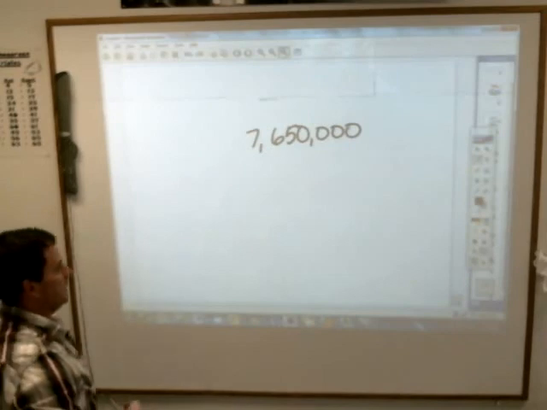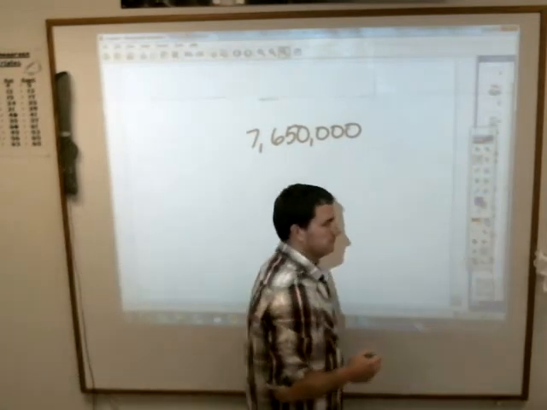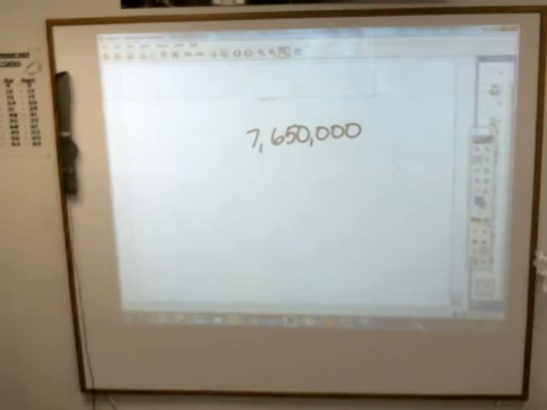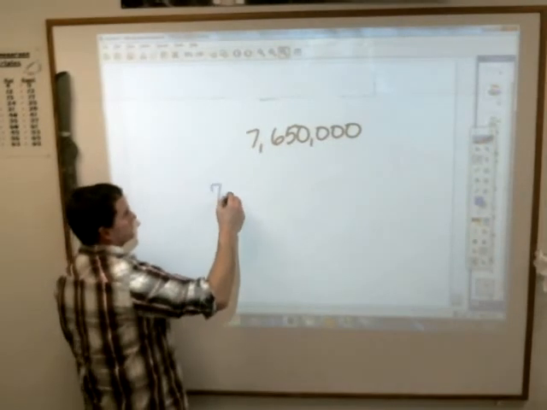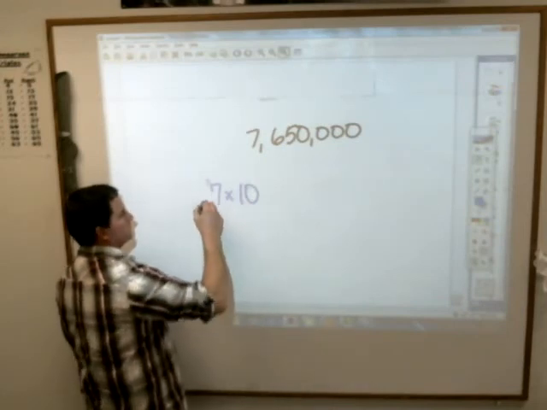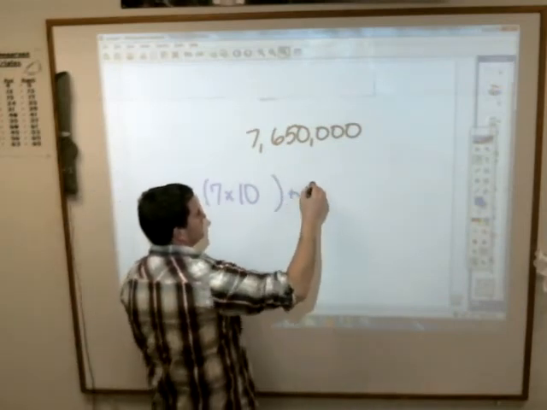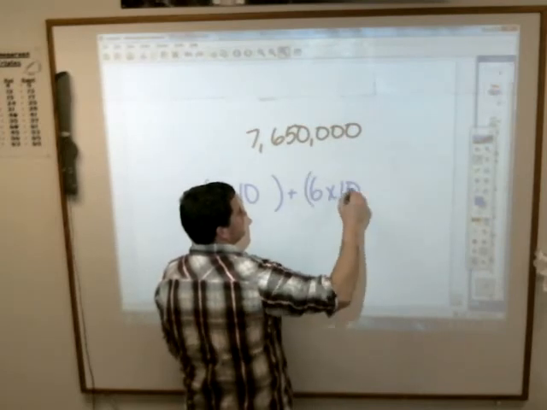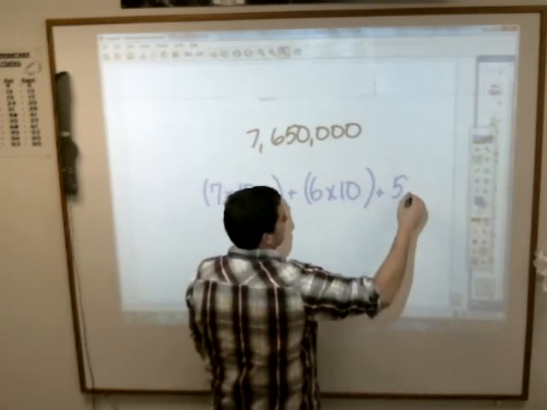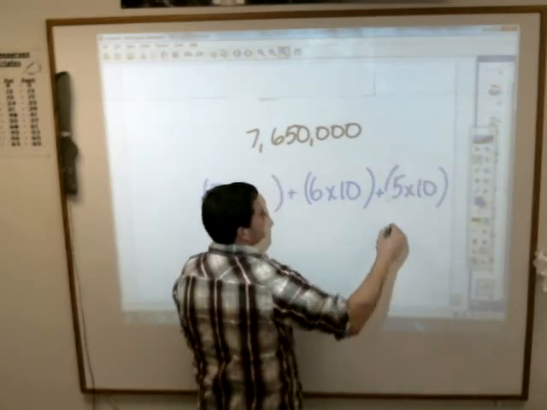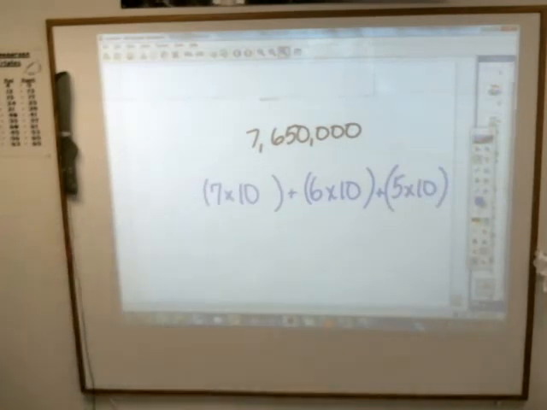The toughest part about this is just figuring out what the exponents that go with the tens are, because you got a 7, a 6, and a 5, but really it's not that hard.